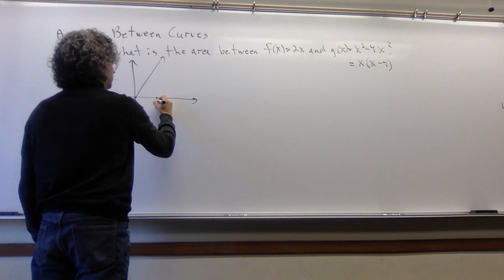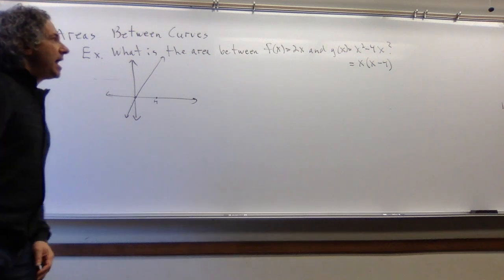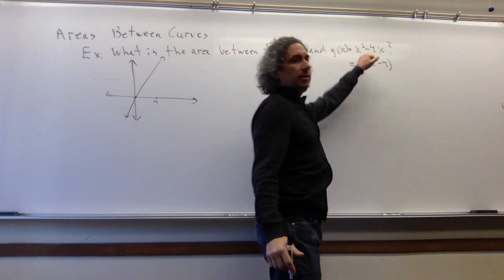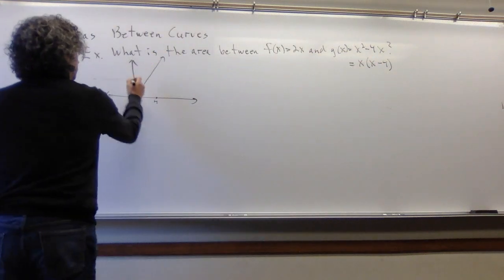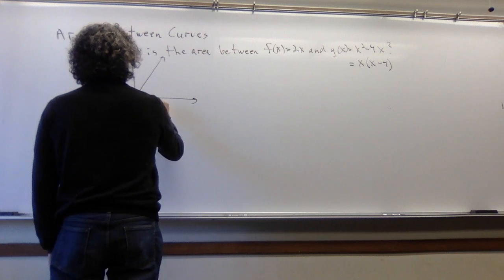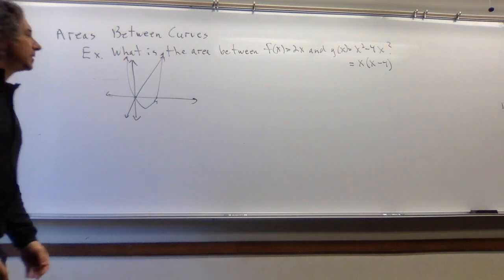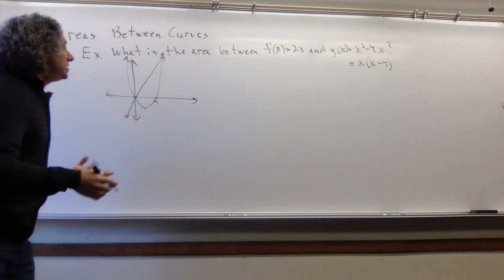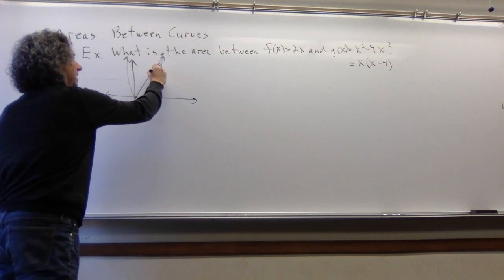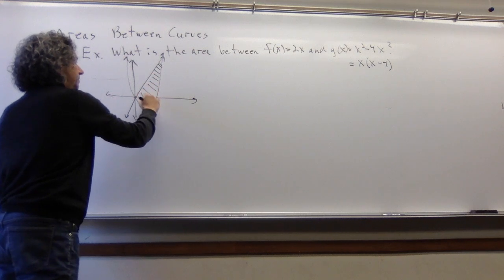Let's say this is 4. I also know that this guy is right side up, so it'll be a U. So let me fill this in. This tells me that the region that I'm actually interested in is this stuff here.